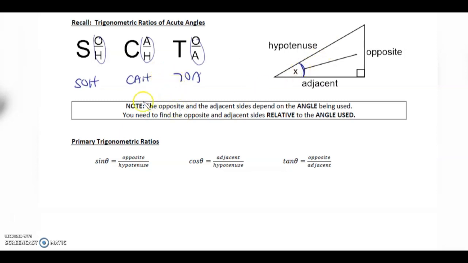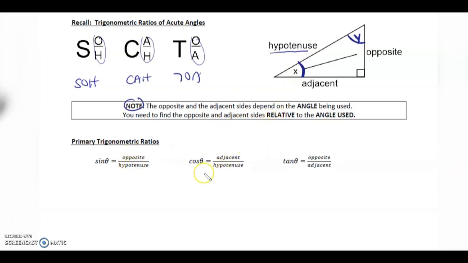Okay, so here's a note. The opposite and adjacent side depend on the angle being used. Okay, if we're using, say, for example, this angle X or this angle Y, the opposite and the adjacent are going to change. And we always need to find the opposite and the adjacent relative to that angle being used. Again, the hypotenuse is never going to change.